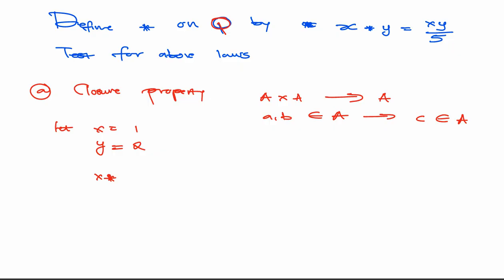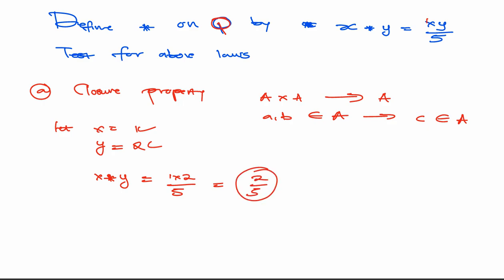You can make any assumption; I like using small numbers which are not going to trouble me in operations. So x star y: where there is x we replace 1, and where there is y we replace 2. We have 1 times 2 over 5, and we get 2 over 5.